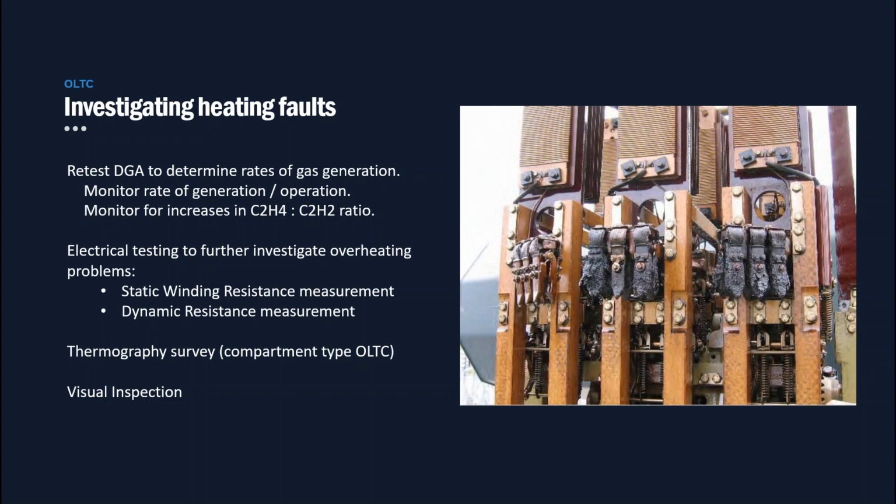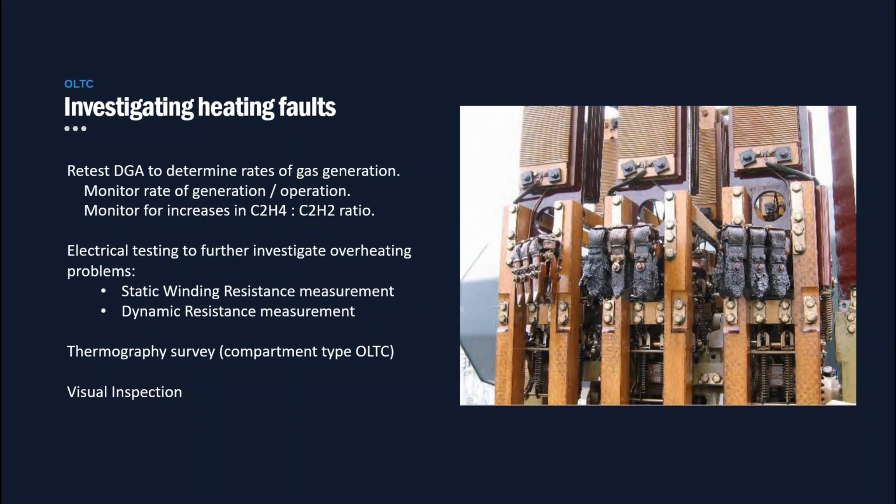So if the DGA results for your tap changer indicate a heating problem, which can be related to the burning of contacts, for instance, we recommend you consider the following. Do more frequent dissolved gas analysis to determine the rates of generation of the gases, monitor the rate of generation per operation, and monitor for increases in the ethylene to acetylene ratio.